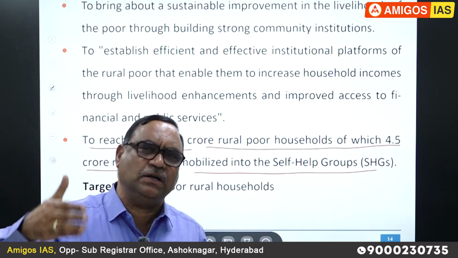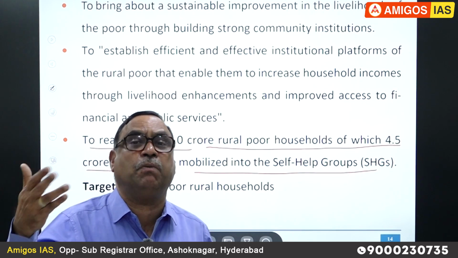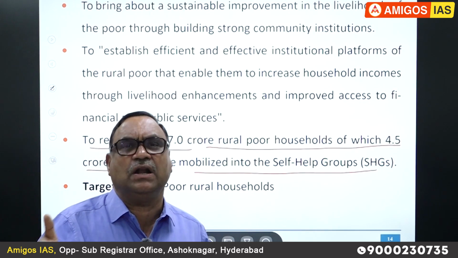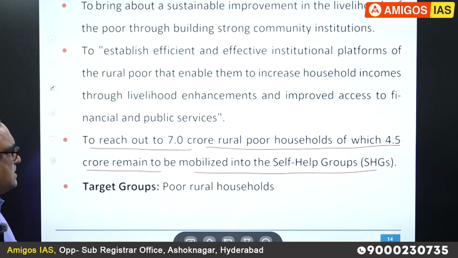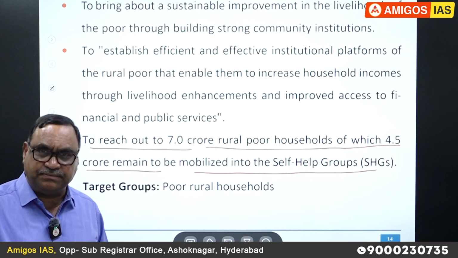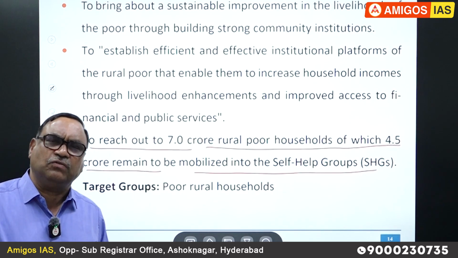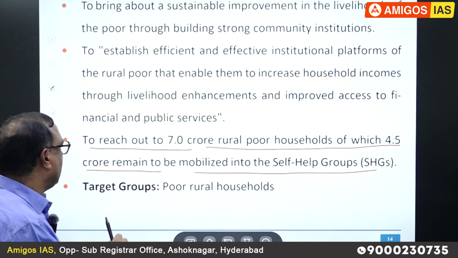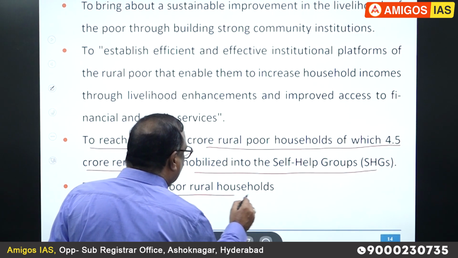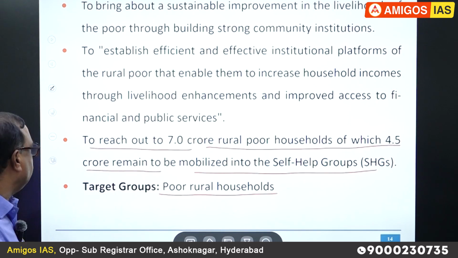So in order to have sustainable livelihood opportunities for the rural households, self-help groups are encouraged, and they are provided both financial and technological support. Then the target group, as I told you, is the poor rural households under this scheme.